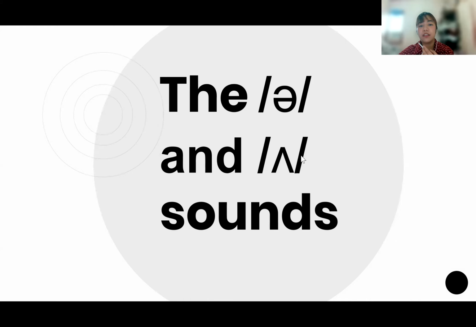Next, we also have these two sounds. Actually, they make the same sound. These are the symbols: your schwa and your inverted V. There is only a slight difference between the two in when we use them, but they produce the same sound. Our professor back in college used to teach us that if you cannot produce the schwa, just imagine being punched in the stomach, and you produce that sound.